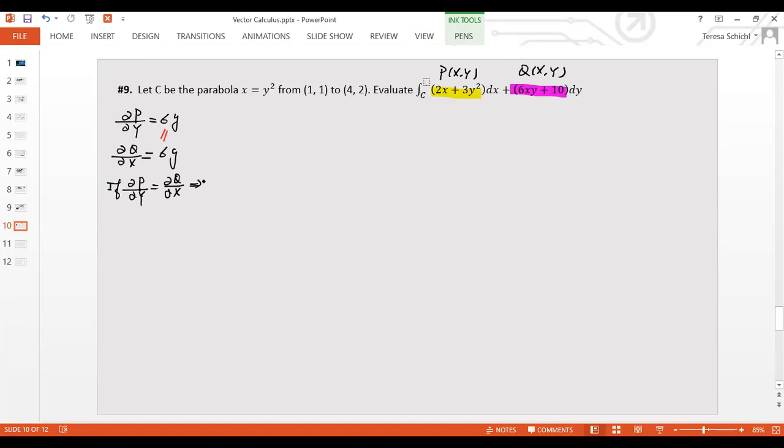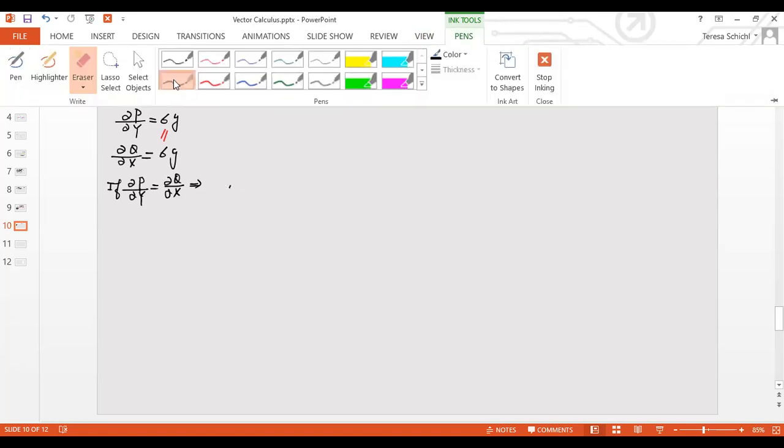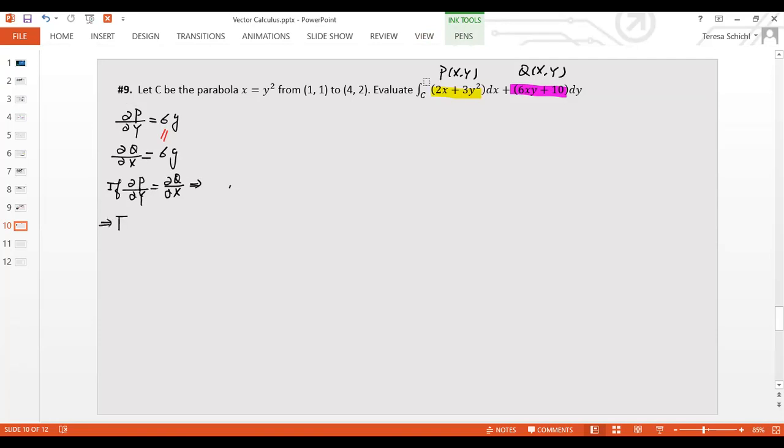I can conclude that my F of x, y, if I define it as (2x plus 3y squared) i plus 6xy plus 10j, is conservative.